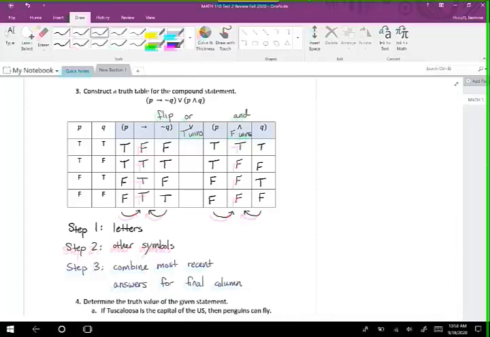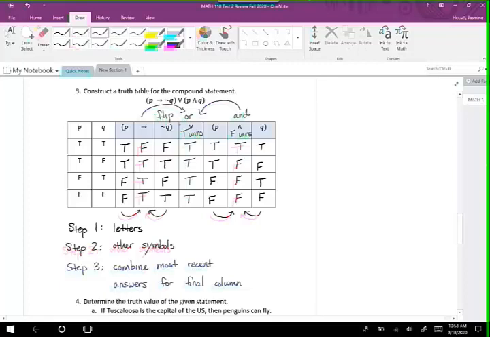And step 3 is going to be to get that final blank column. And again, what we're going to do is use our most recent answers. So I'm going to combine the 2 red columns into this middle blue column. And for or, true wins. So we just need 1 red T to make the whole thing true. And there's actually a T in every single row.